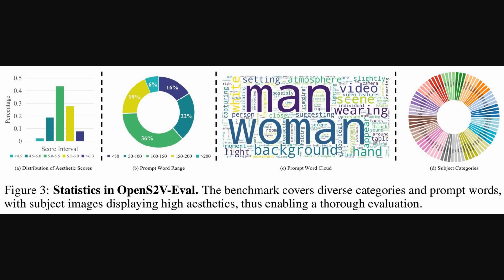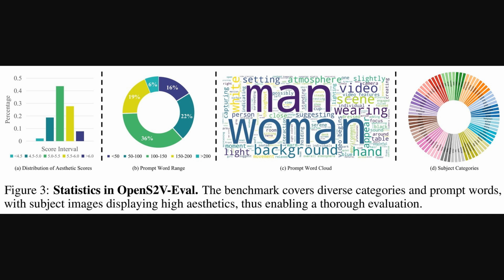Okay, so to give us a bit more insight into the characteristics of this OpenS2V-Eval benchmark, here presents some key statistics. Part A shows the distribution of aesthetic scores for the subject images in the benchmark. We can see that a large majority, well over 70%, score above 5.0, with a good portion even higher. This indicates that the benchmark really uses high-quality visual content for evaluation. Then, Part B looks at the prompt word range.